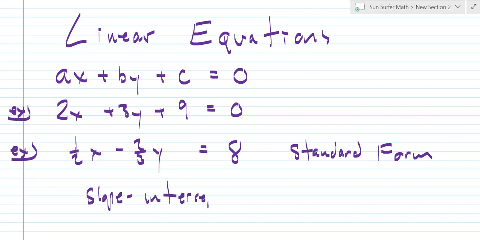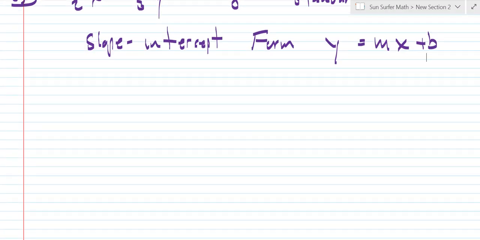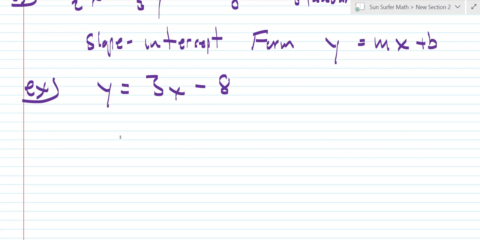Slope-intercept form is the form y equals m times x plus b. So an example of an equation in slope-intercept form would be something like y equals 3x minus 8, or y equals negative 1/2 x plus 14.